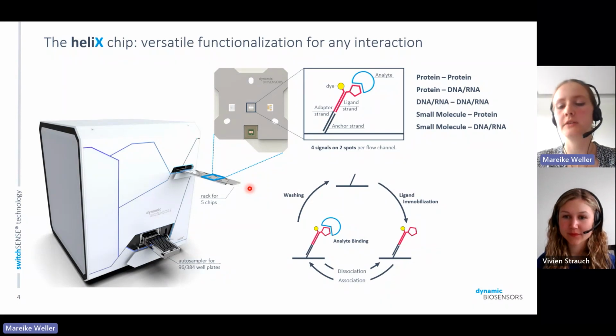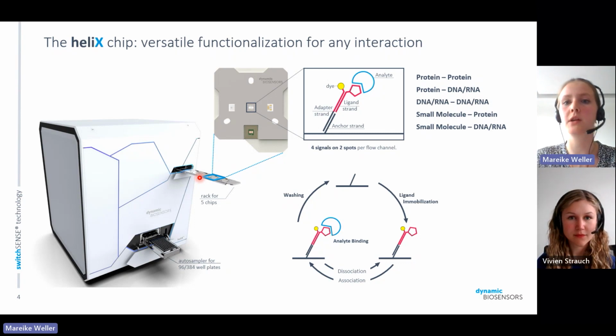And of course, if you encounter that after the 180th, there's one compound that for whatever reason harmed the surface, then you can switch to the next chip. Currently there is not an automatic function that knows, okay, now there's something wrong. But of course, this would be the aim, to make this fully automated.